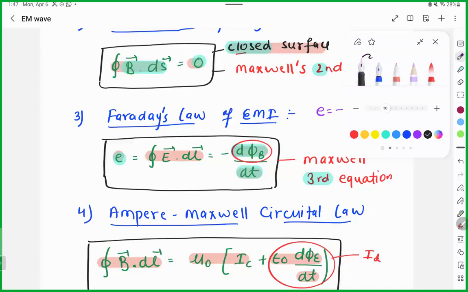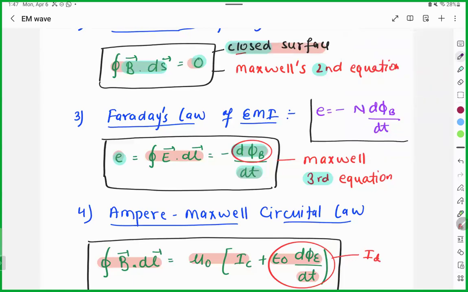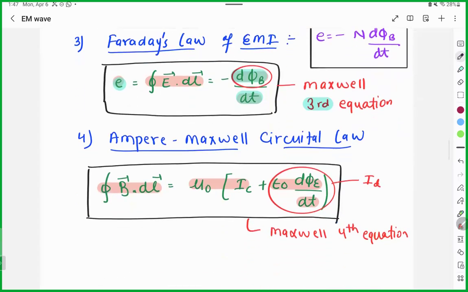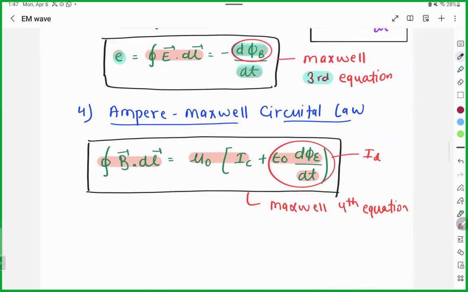Correct? This is the electric field. And last, which we just did now, according to Ampere's circuital law, B dot dl is equal to mu I. Instead of current, we have both conduction current and displacement current.